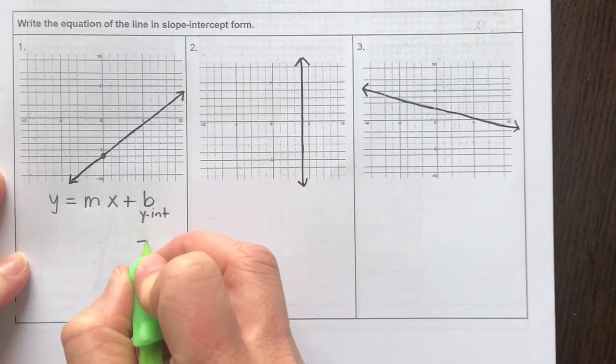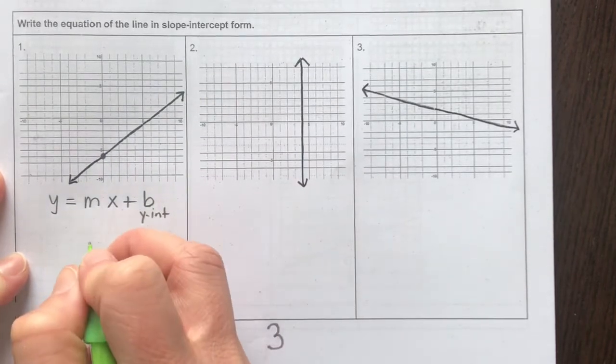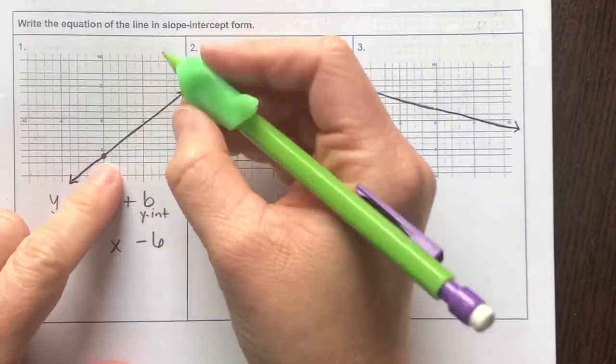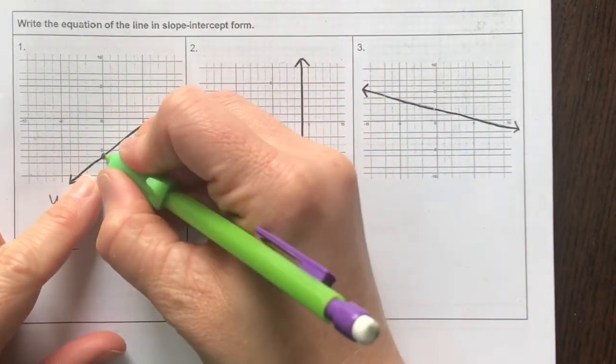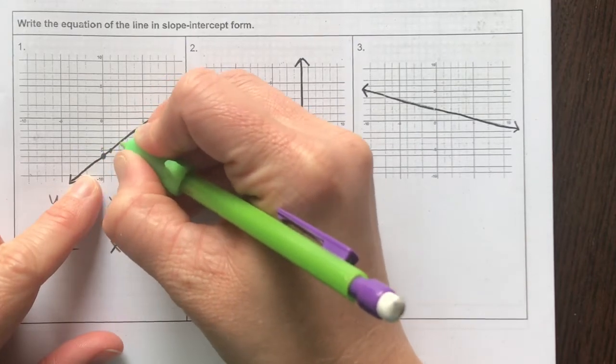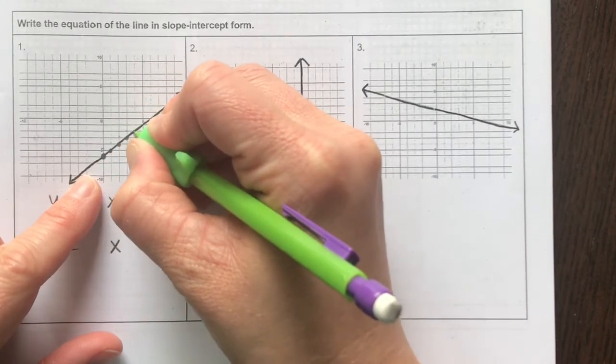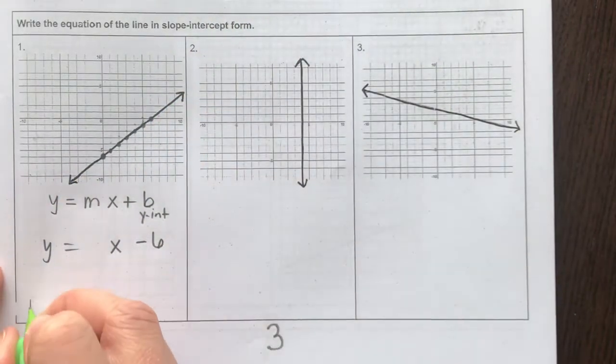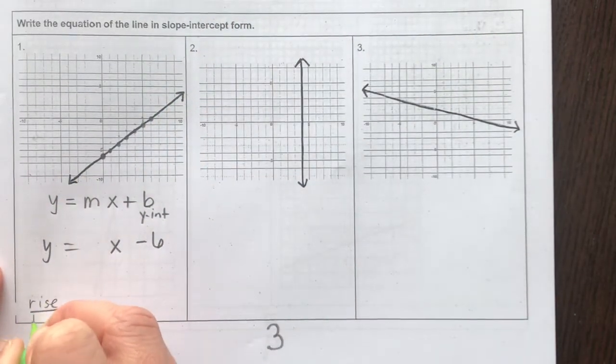That point is -6. Now what I need to do is find the slope of my line. So I'm going to look for my slope by going up and over, and tracking what my up and over movement is. Slope is calculated by rise over run.